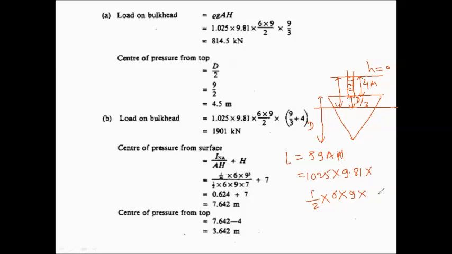It is 4 plus D by 3. D in our case is now 9, so it will be 9 by 3. If you solve this, the answer you will get is 1901 kilonewton. That is shown here. That is the load acting on the bulkhead when the water surface is risen 4 meter above the top of the bulkhead.